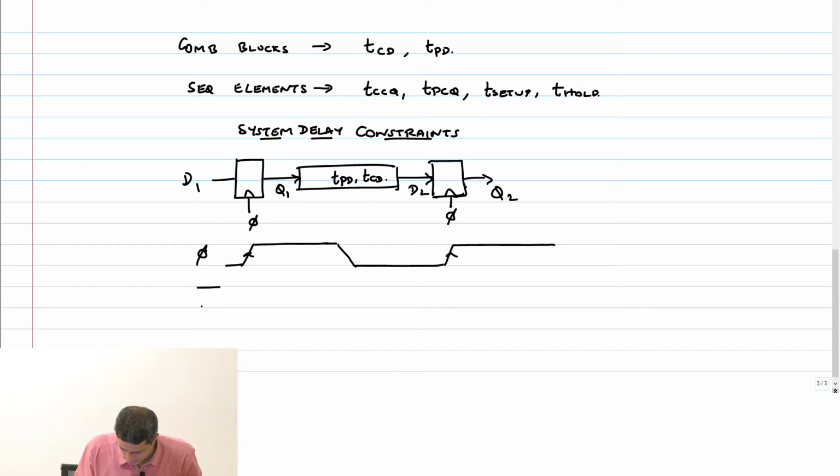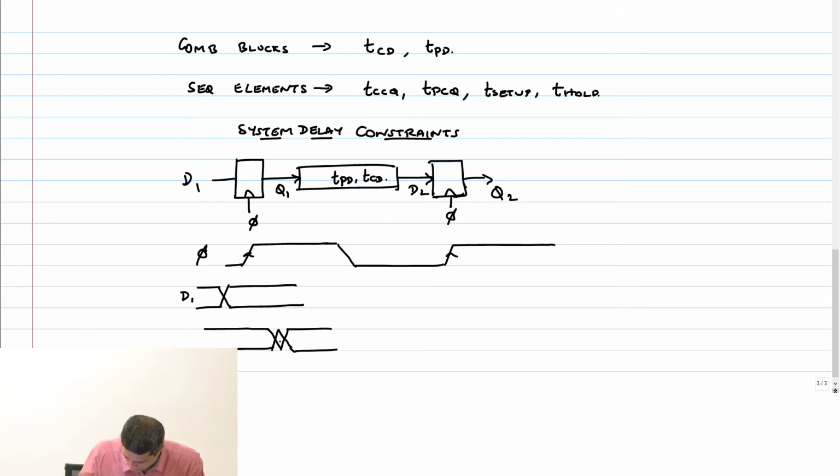I have a change in D1, that's happening here, right? So after the clock rises, right, at 5, Q1 will change from the clock edge.